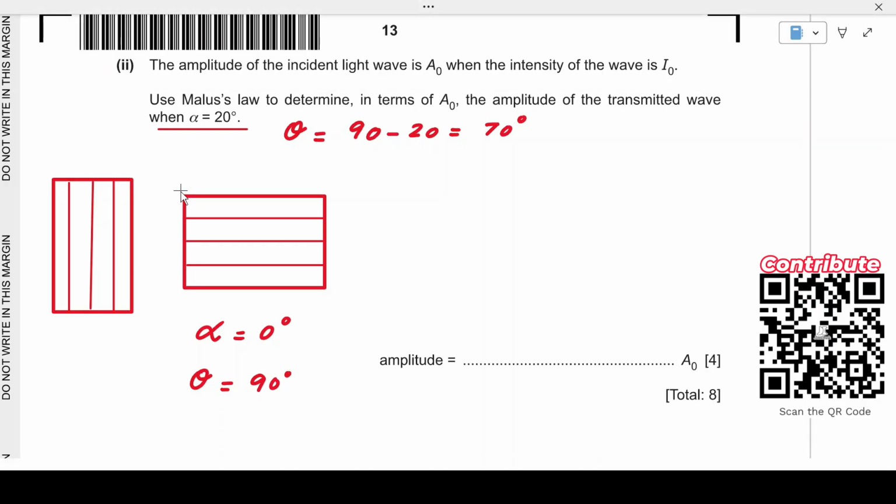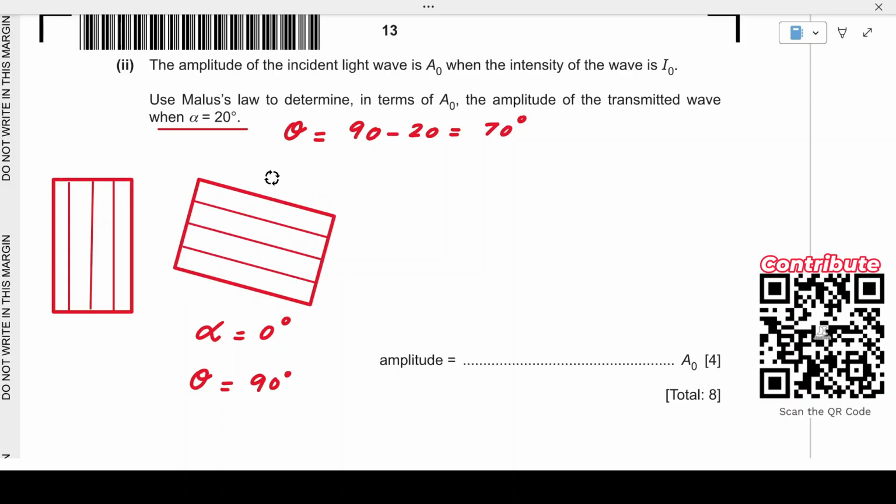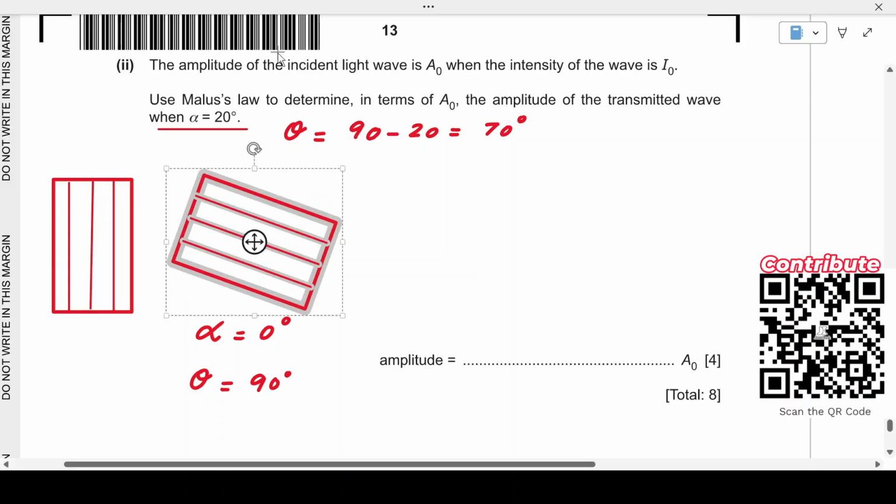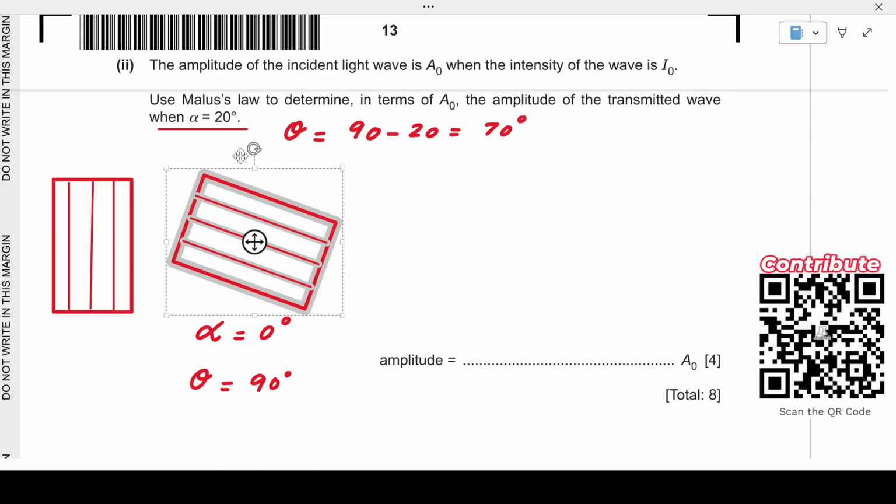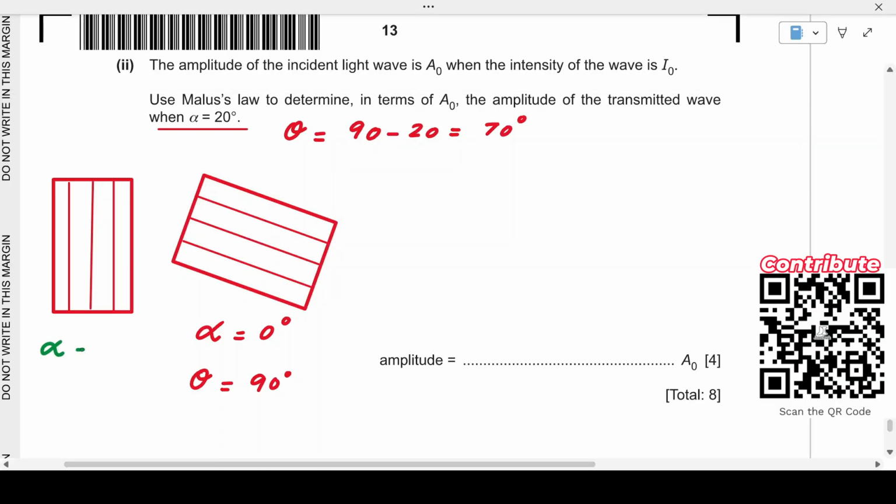Now if I rotate it by 20 degrees, the angle between these two with respect to each other will become 70.